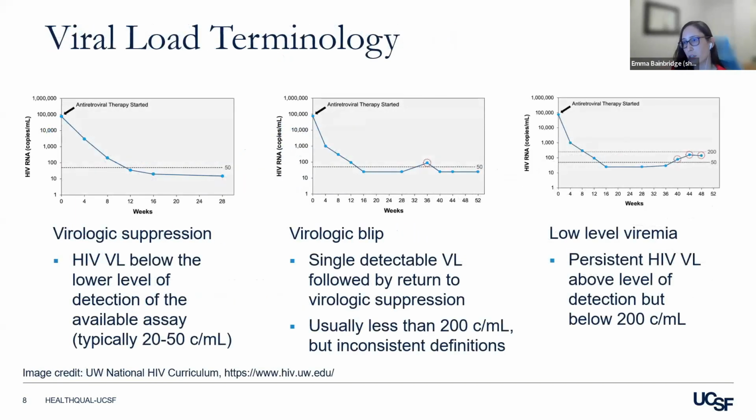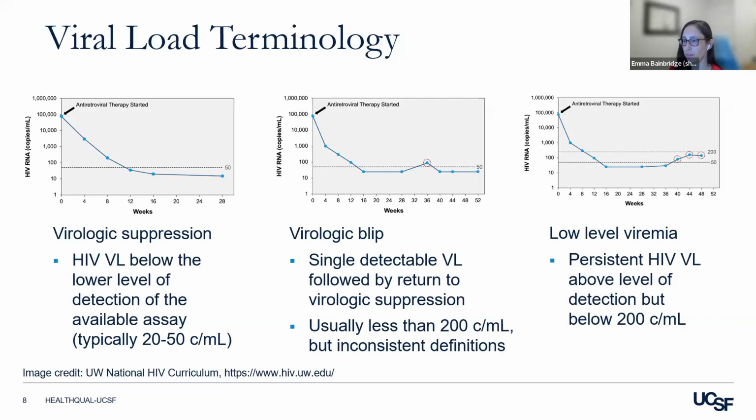Shifting gears a little bit, I want to talk about viral load terminology so that we're all on the same page. I think this can be challenging because there are different definitions used in different contexts, and also in prior HIV literature, like if you read the literature from the 90s and the early 2000s, the definitions are not entirely the same, but I think it's still helpful.